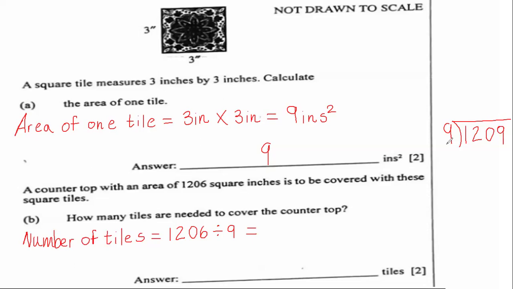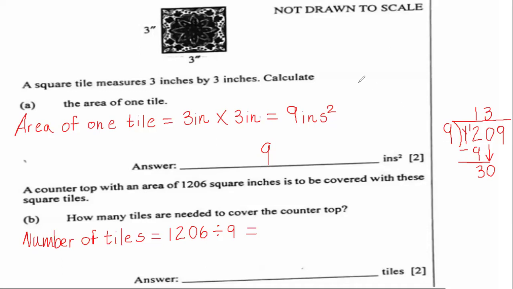So how many times does 9 go into 12? Once. 9 times 1 is 9. And 12 minus 9 is 3. We bring down the 0. Now how many times does 9 go into 30? 3 times. 9 times 3 is 27. Excuse me, Mr. Petit.